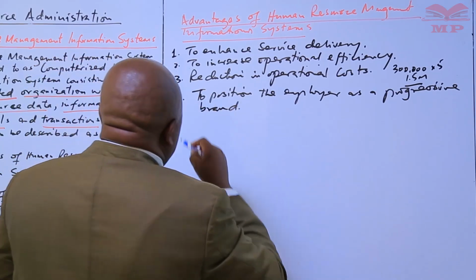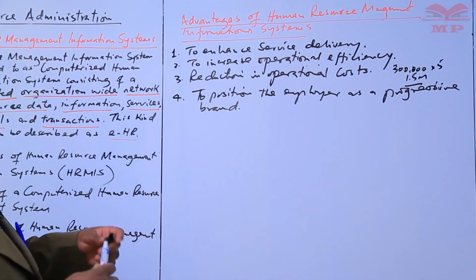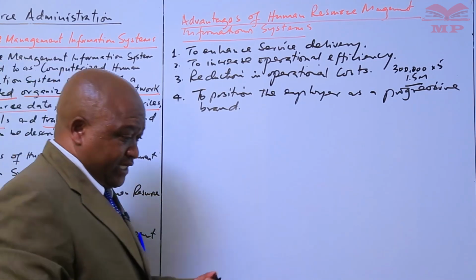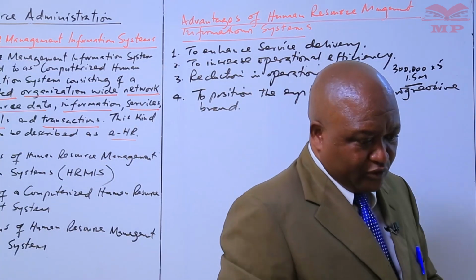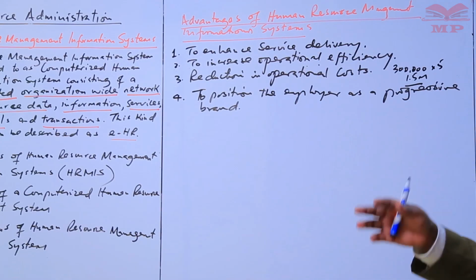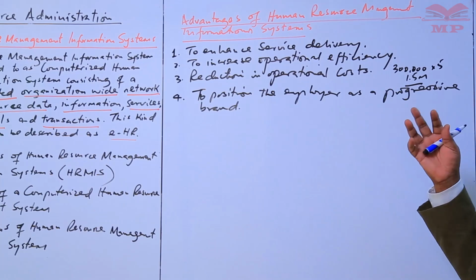So where an organization is using human resource management information systems, that employer can at least articulate that they are using a human resource management information system, that is the in thing in relation to the profile of that particular organization.